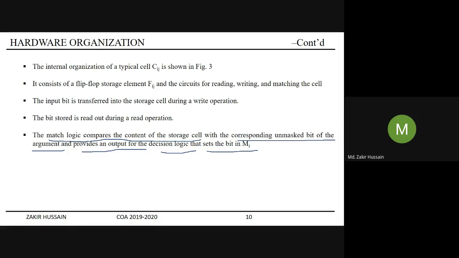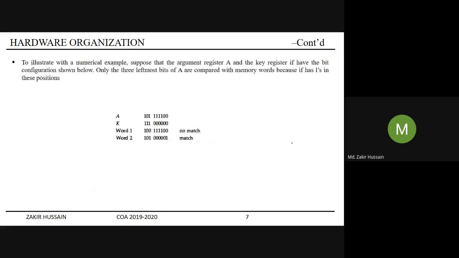You have to remember this. Why am I emphasizing this? For those who are serious, it may confuse here. We have to use the term unmasked for this portion. This is called unmasked.